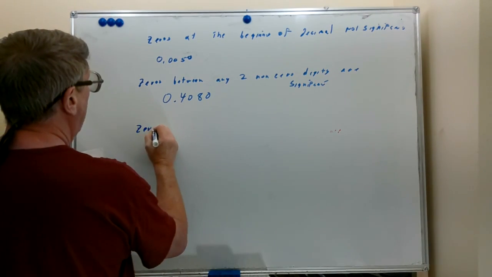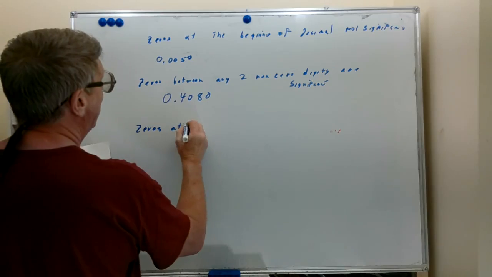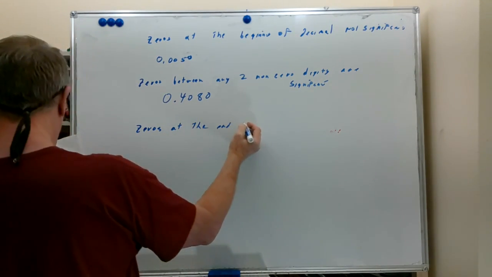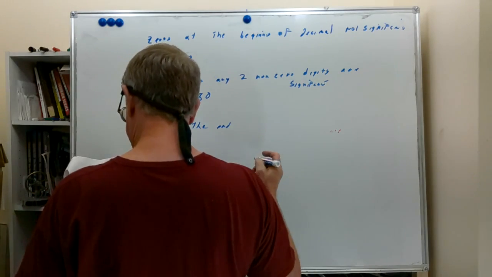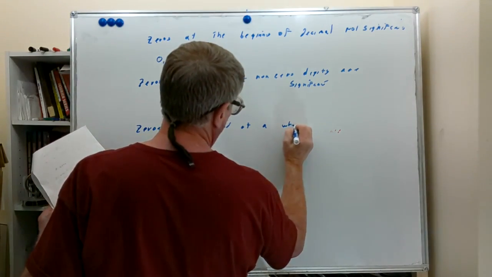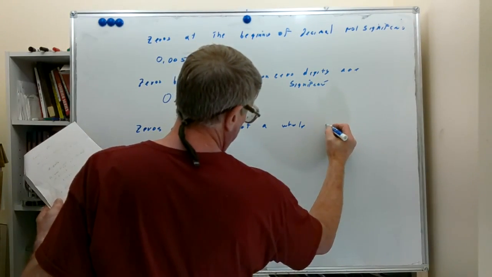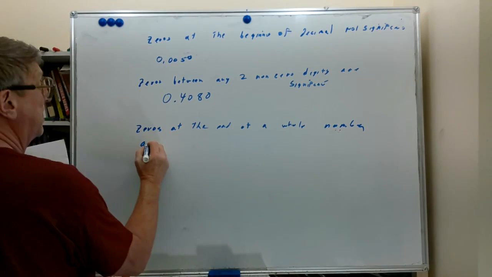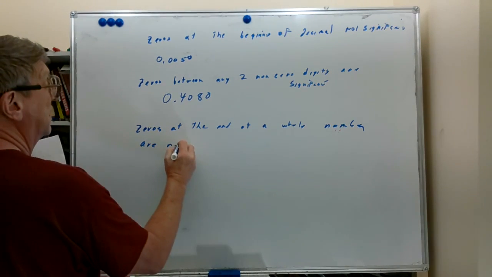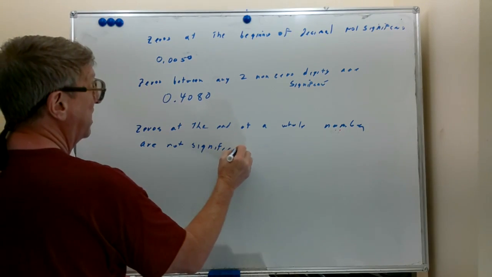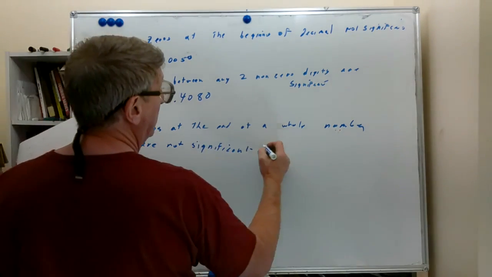Zeros at the end of a whole number are not significant unless there's a bar.